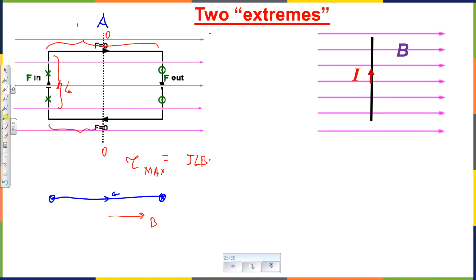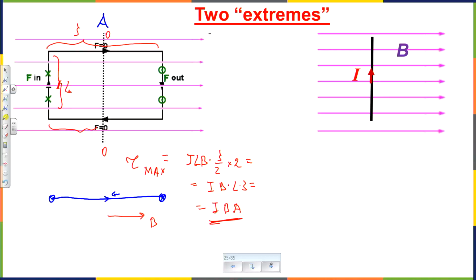Let's say S. So that should be a half of S. And because we have another force like that, we have to multiply by 2. And IBLS tells us IBA, length times width for the rectangular shape is equal to the area.